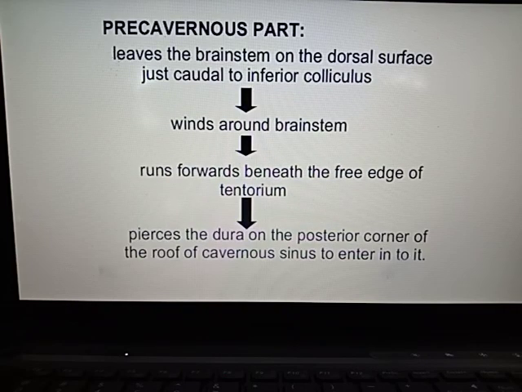Then come to the precavernous part of this nerve. It leaves the brainstem on the dorsal surface just caudal to the inferior colliculus, and it winds around the brainstem, runs forward beneath the free edge of the tentorium, and pierces the dura on the posterior corner of the roof of the cavernous sinus to enter into it.